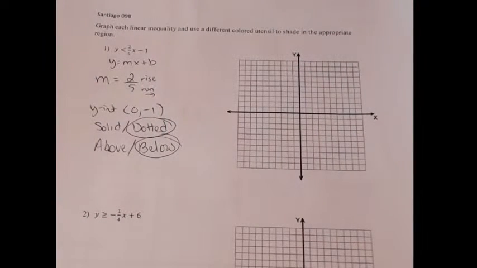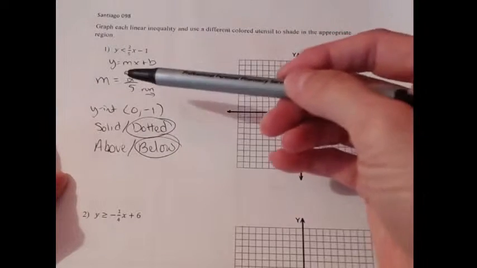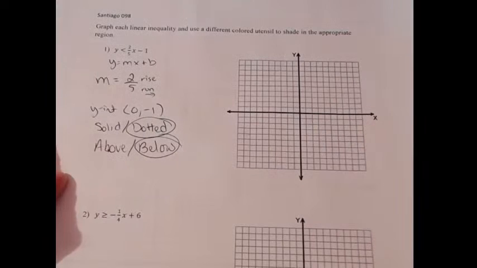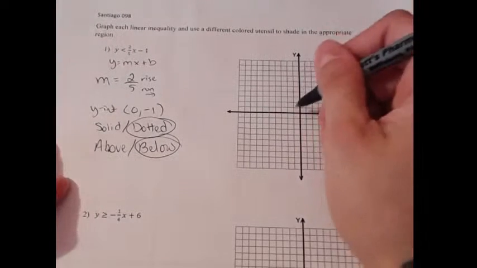All right, what we're going to do now is put all of these things together. So we start with our starting point, which is the y-intercept, which is 0, -1.